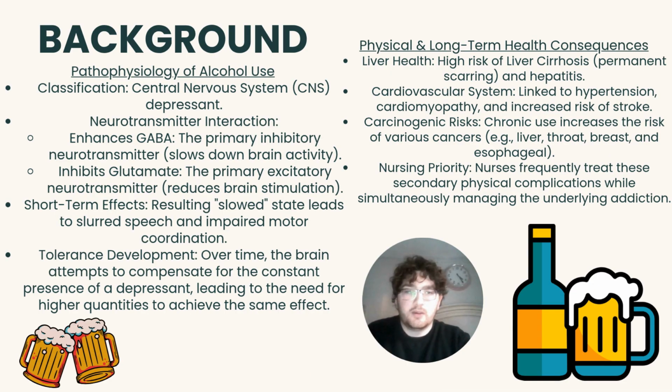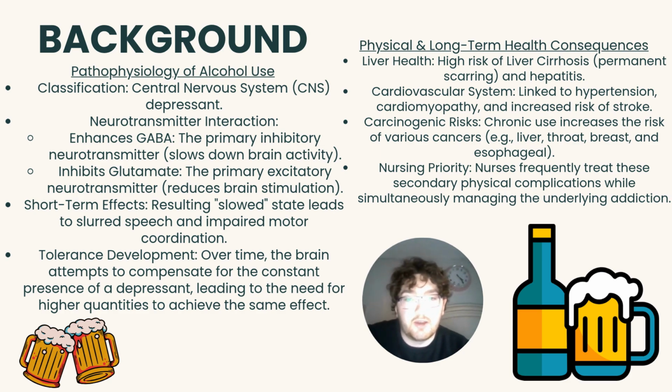Just before we begin deep diving into this, I wanted to talk about the pathology and physiology of alcohol use. The classification of it is a central nervous system depressant. Neurotransmitter interaction: it enhances GABA, the primary inhibitory transmitter, which slows your brain activity. It inhibits glutamate, the primary excitatory neurotransmitter, so it reduces your brain stimulation.